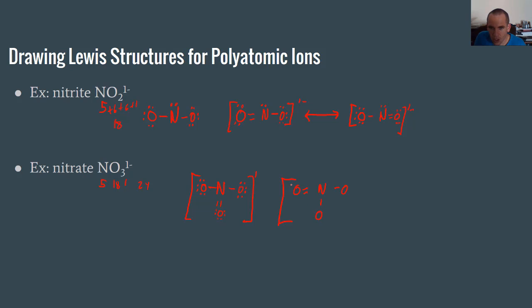So you have to draw all of the possible resonance structures with this thing, and there are 3 for nitrate. They're all 1-. It's just a matter of where you're putting that double bond. So these are resonance structures. There are 3 of them for this one.